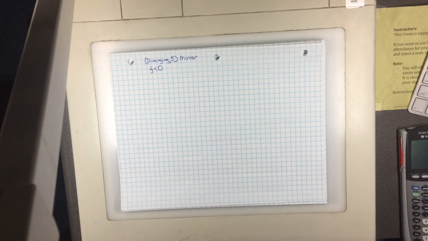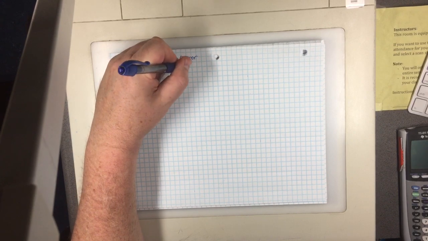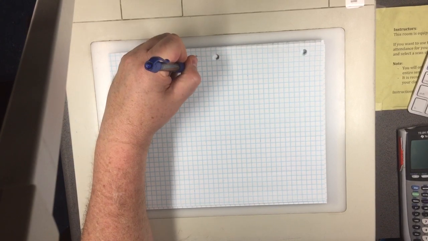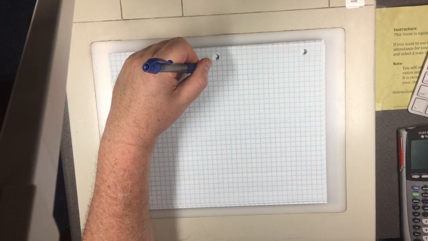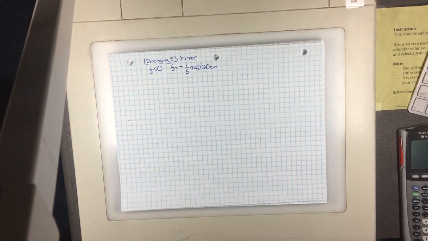It must be negative. So the focal length is -1.5 meter or -20 centimeters. And that is that.